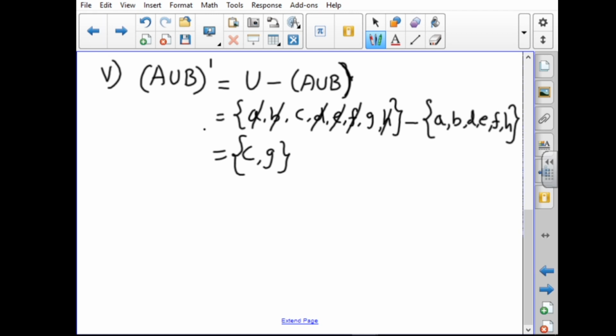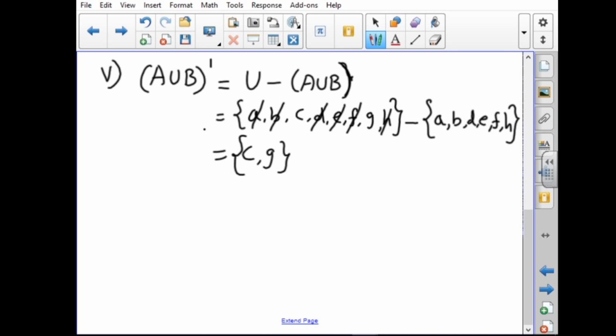If complement is coming, you should use the universal set. So A union B whole dash means U difference A union B. In the universal set you have to subtract the A union B elements. So what are the remaining elements of the universal set? C and G. So that is called your A union B whole dash.